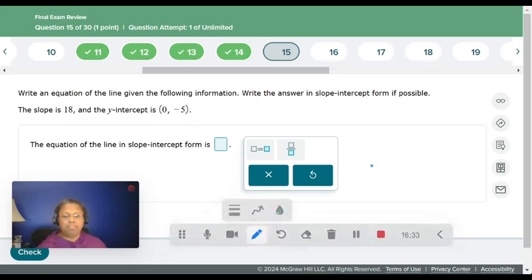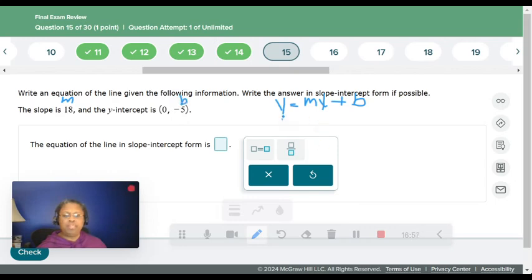So let's think about this. We have y equals mx plus b. This is our m, okay? And this is our b value.